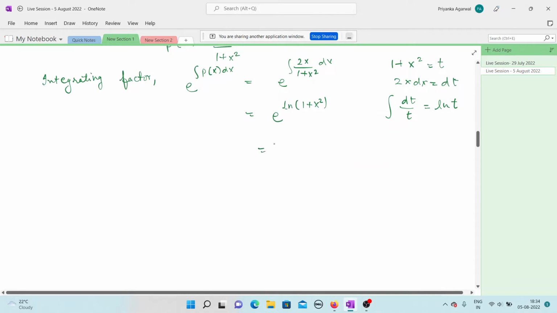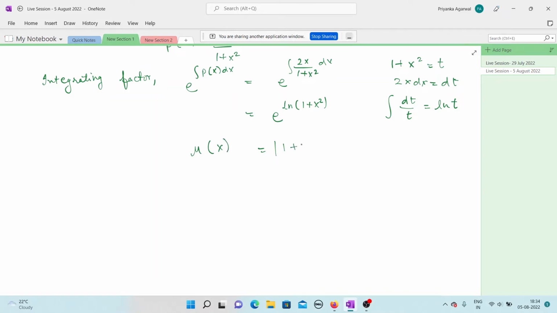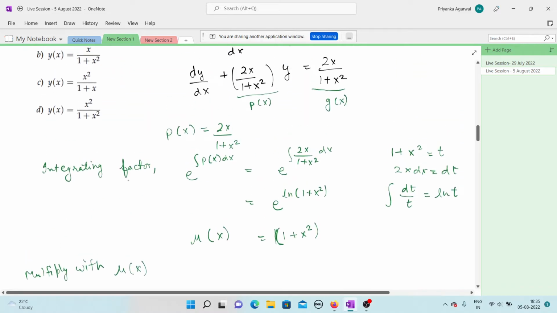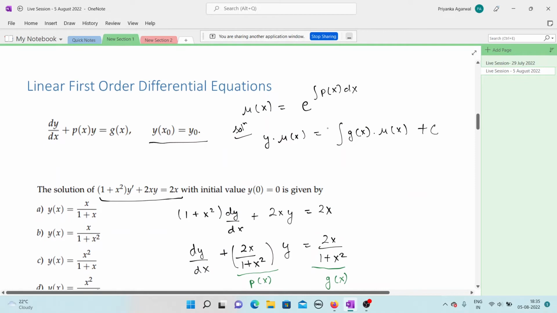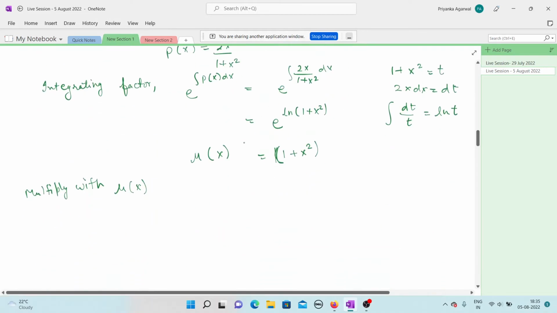So the integrating factor mu(x) becomes 1 plus x square. Okay. Now multiply with the integrating factor on both sides, and this equation can then be solved. So the solution we already know will be of this form. So let's directly write the solution.